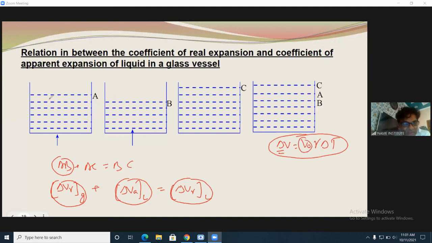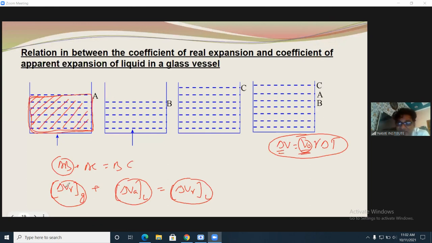V naught is the initial volume occupied by the liquid in the glass. So initially both liquid and glass are occupying the same volume, V naught. So this V naught does not change.